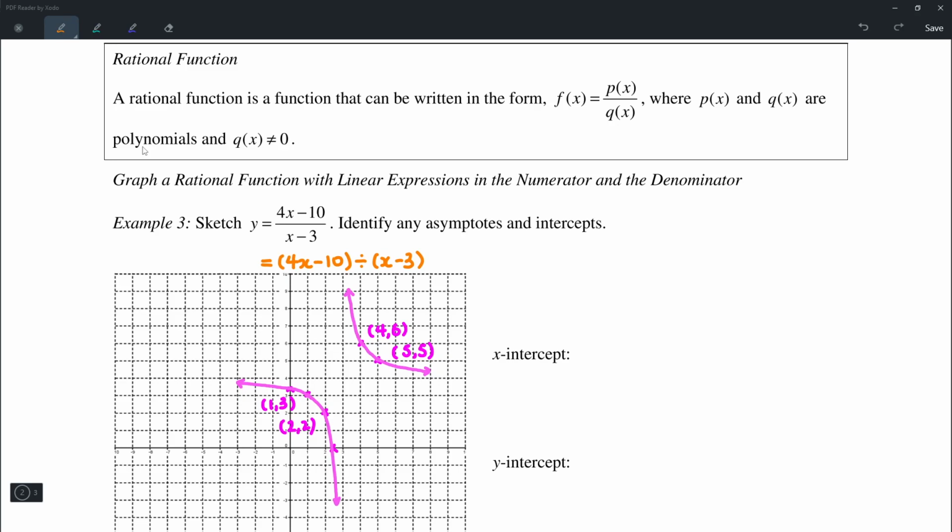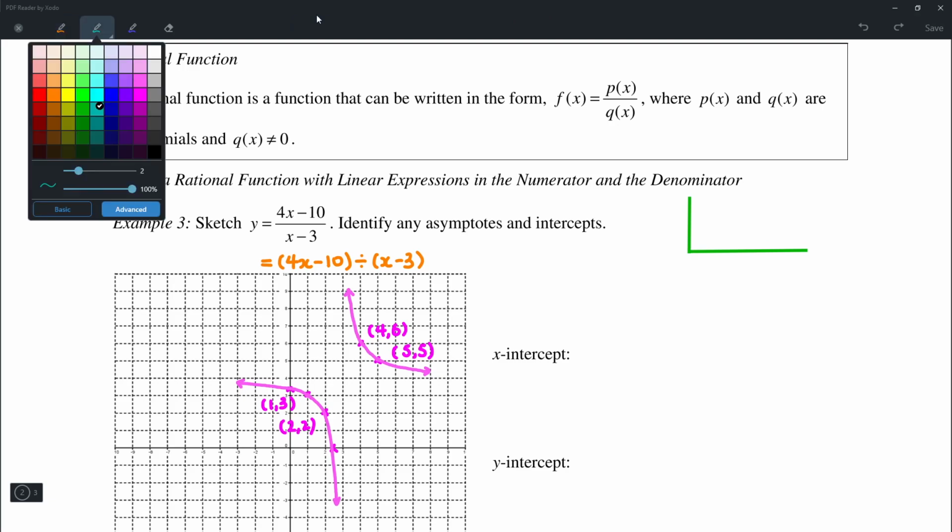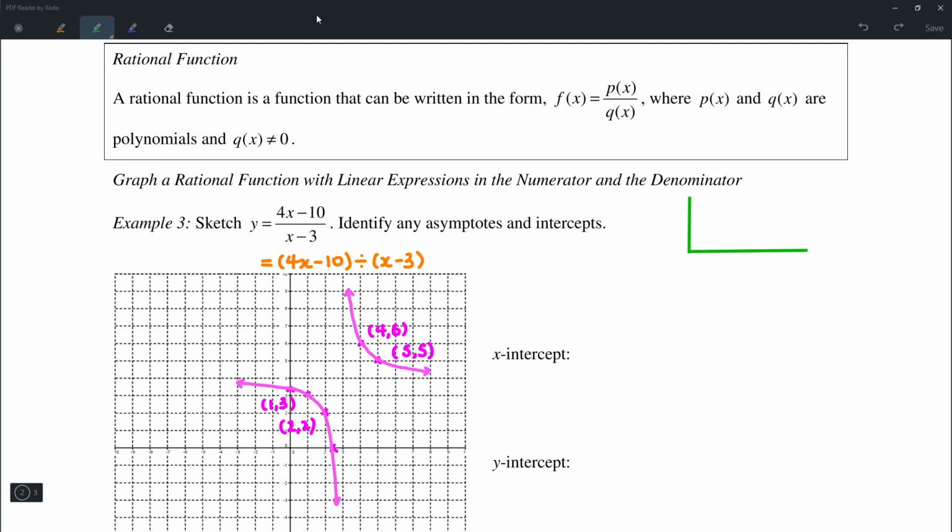So we can actually divide these two polynomials using synthetic division. So here we have it on the right here. The numbers are 4 and -10. And on the left-hand side, we have a 3.